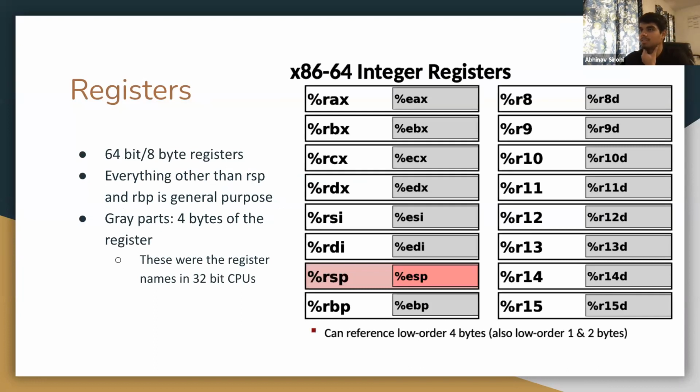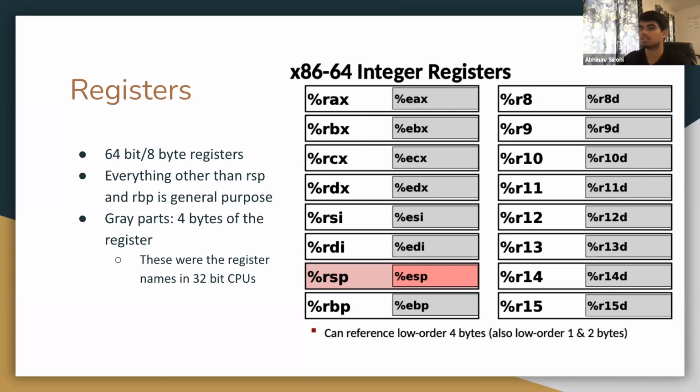We also went over how in the version of assembly that we're going to be working with, which is x86-64, we have 64-bit or 8-byte registers, and all the registers other than RSP and RBP are general purpose.